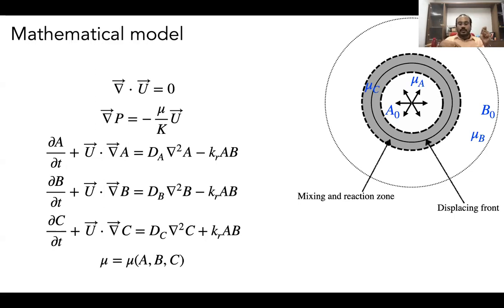Of course, this viscosity depends on all the chemical components we are talking about, because we said the viscosities are going to change depending on the reactants, etc. And this entire equation is valid in all three phases, the two reactant phases as well as the product phase.